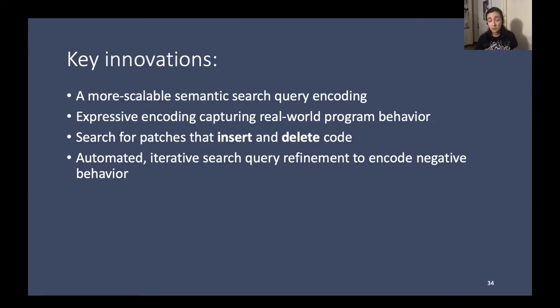In this presentation, I touched on the first two innovations, which are a more scalable semantic search query encoding and an expressive encoding that captures real-world program behavior. I didn't have time to go through other innovations like searching for patches that insert or delete code, and how we automatically and iteratively refine the search query to encode negative behavior.